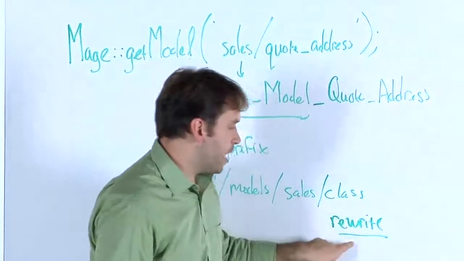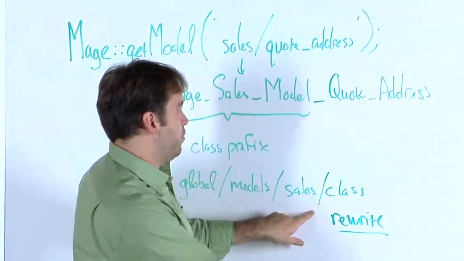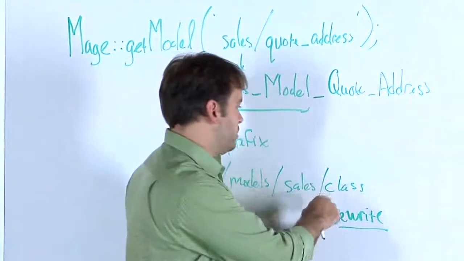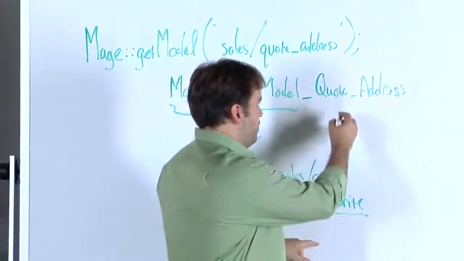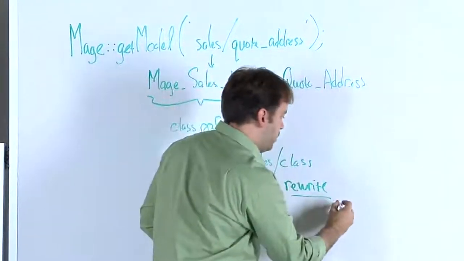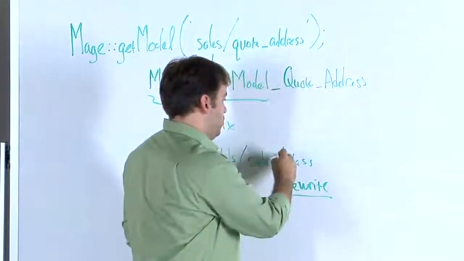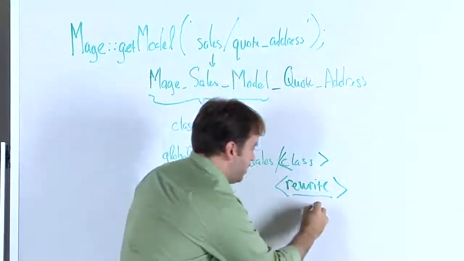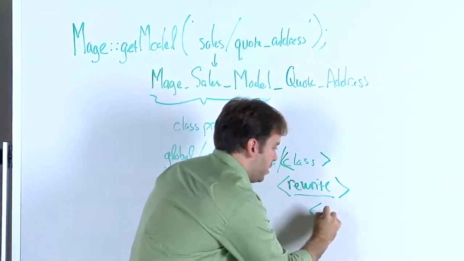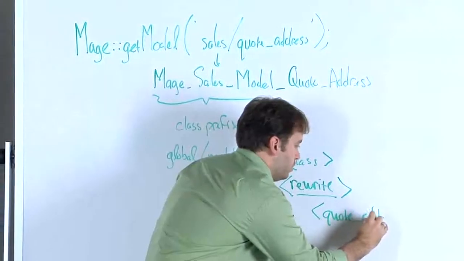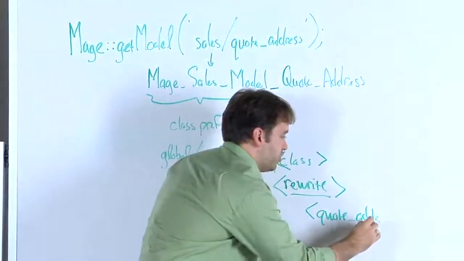Now, under rewrite, the configuration class looks to see if there is a match here, quote underscore address. So basically, we've got a class node and a rewrite node right next to each other. And then we have, in our case, we're adding quote address.